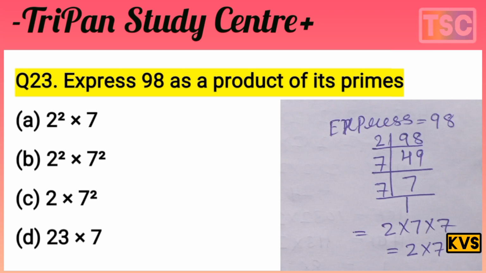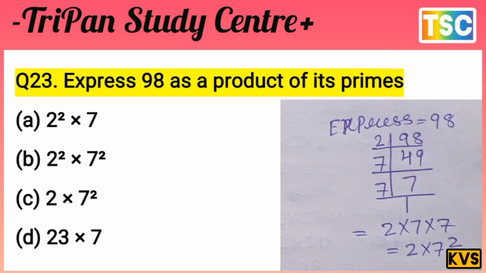It means 2 into 7 into 7, so the option is C. Option C, 2 into 7 power 2, is the correct answer.